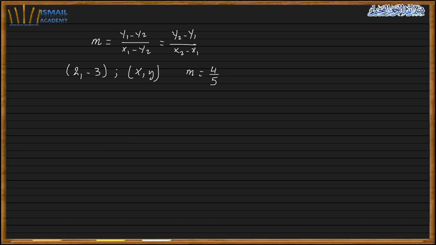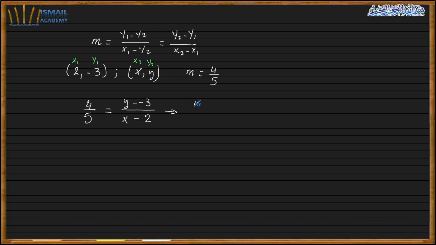Now let me do this. This is going to be my x1, y1, and this is my x2, y2. So my slope, which is 4 over 5, will be equal to y2, which is y, minus y1, which is minus 3, over x2, which is x, minus x1, which is 2.